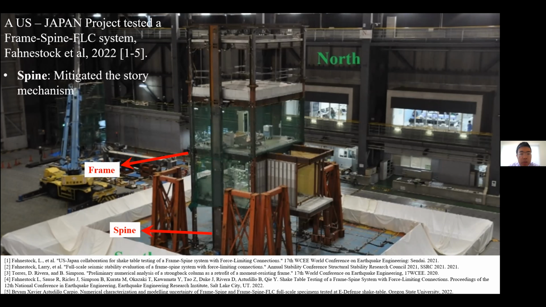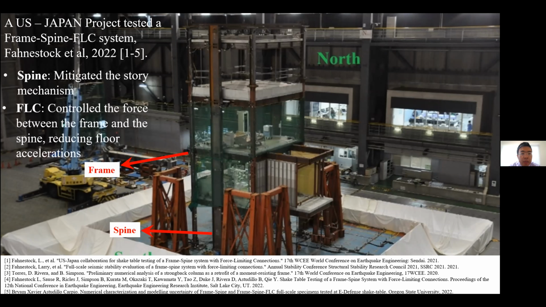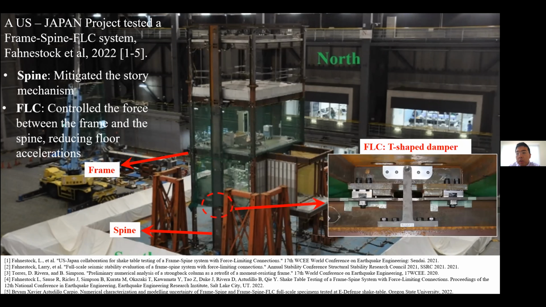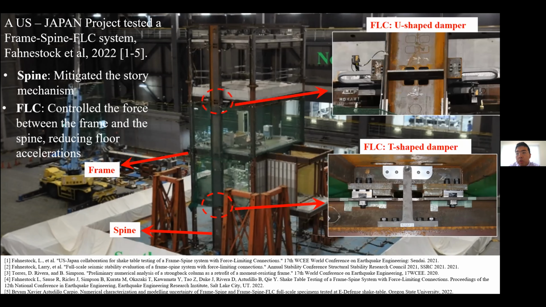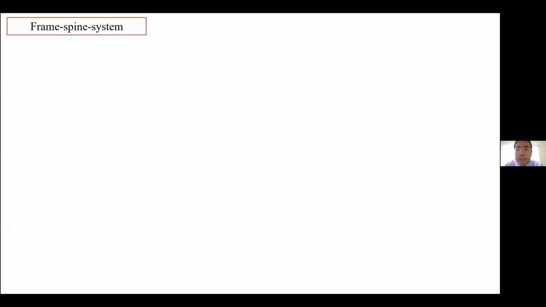Here, we use a span to mitigate the story mechanism, and we also use an FLC to control the force between the frame and the span to reduce the floor accelerations. So in the first floor, we use a T-shaped damper, and in the third floor, we use a U-shaped damper.